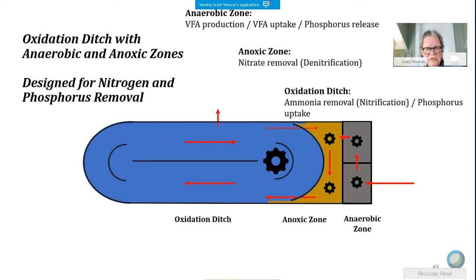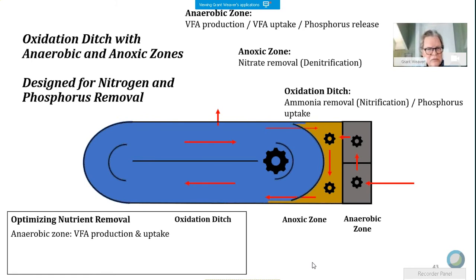And I was discussing it. I gave you some process control tools. You want to optimize VFA production and uptake in that anaerobic zone, and I explained some ideas on how you do that. You monitor for ORP. You're looking for a nice negative ORP. If you're not getting it, you start turning the mixers on.